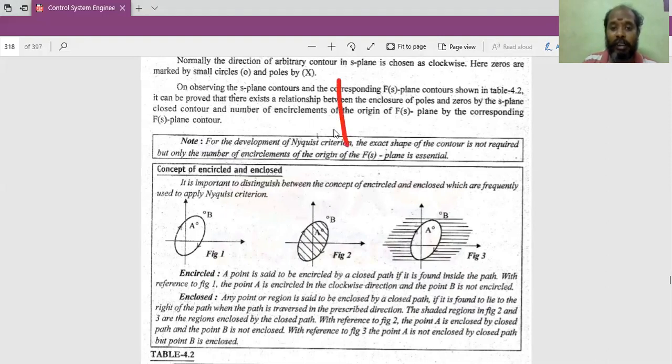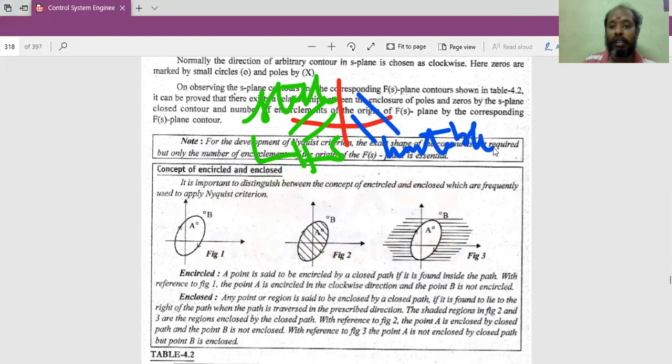If you take an S plane, this particular part is the stable region, the left hand side, and this area is the unstable region, the right hand side, RHS. This is an S plane.